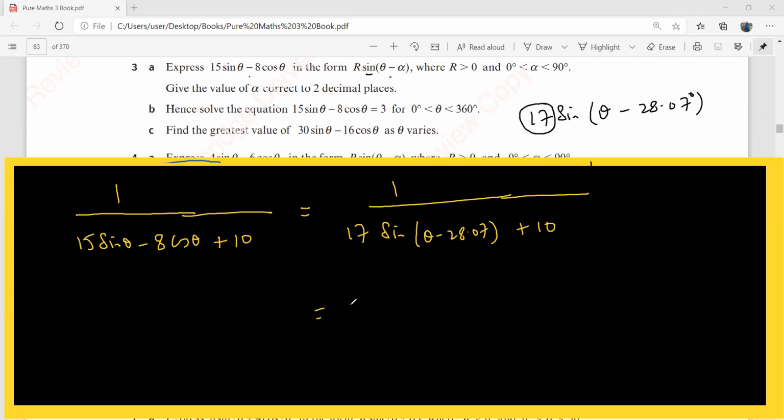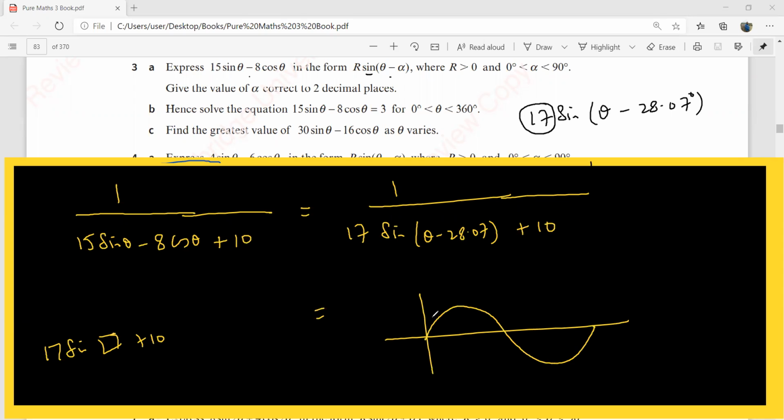Now this is simply, for example, if you have 17 sine blah plus 10, its sketch would be something like this. In the first 360 degrees, you will have 10 over here, you will have 27 over here, and you will have minus 7 over here. Yes or no? Please tell me quickly. Remember, this was the axis, this was the amplitude.